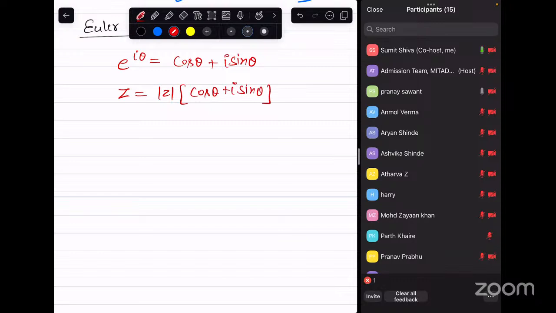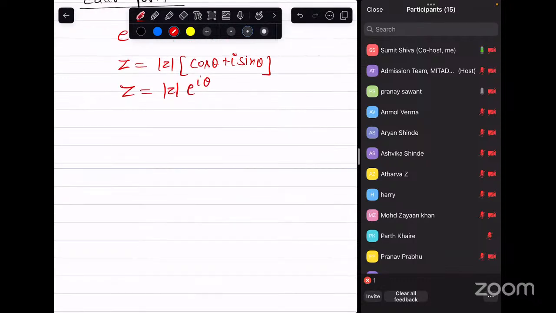In place of this bracket, we can have mod z times e raised to power iota theta. E raised to power iota theta is easy to deal with, easy to write, and easy to explain, because it is in exponent form or power form, which is easier to solve. You can solve any power if the complex number is in Euler form.